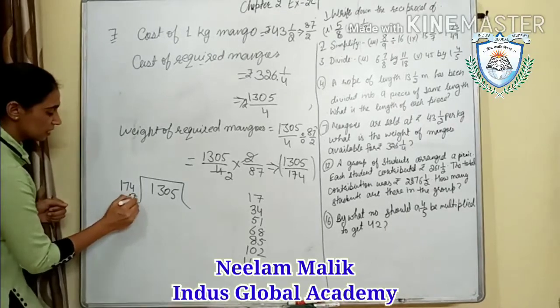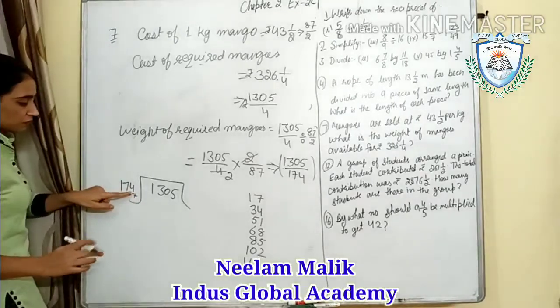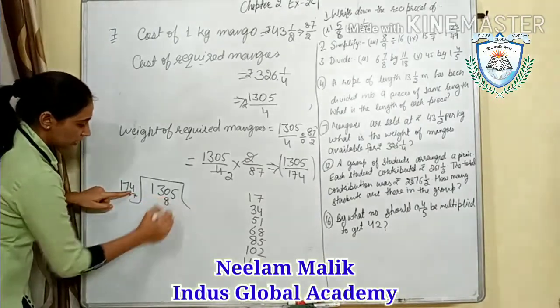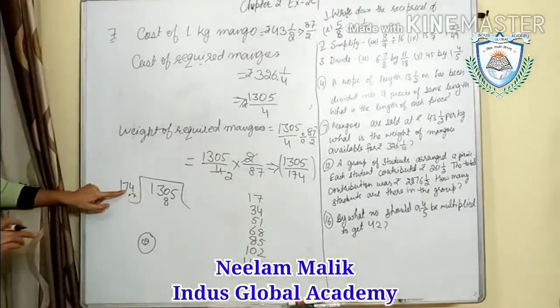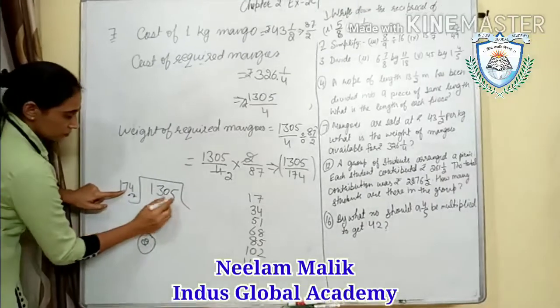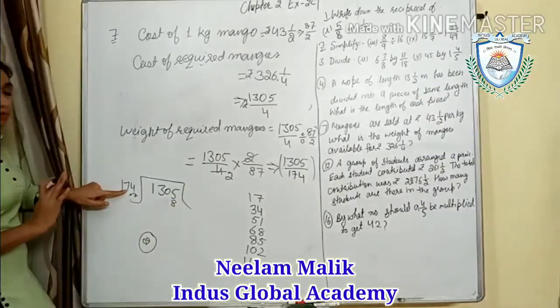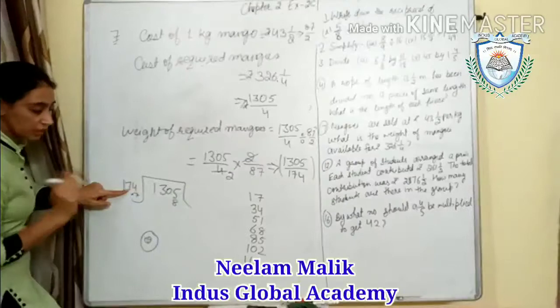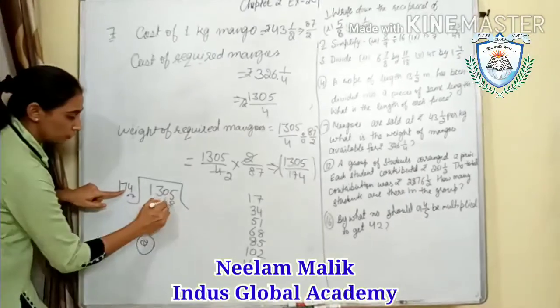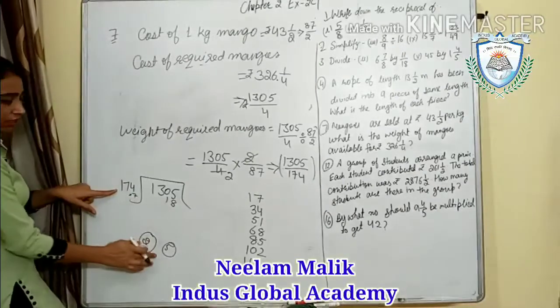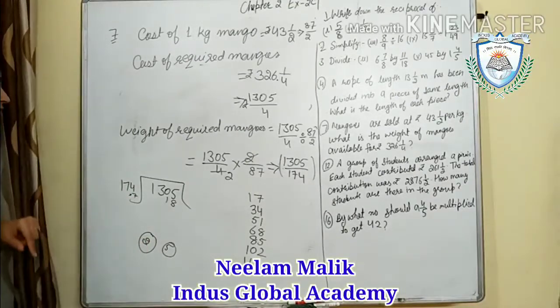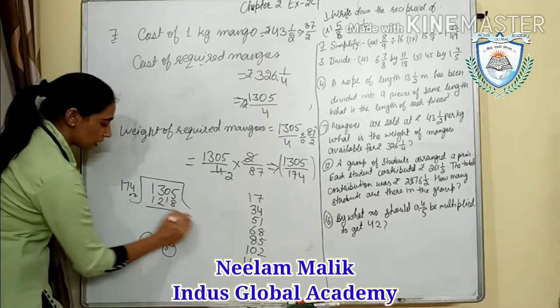Multiply this by 7. 7 4s are 28. 2 will be here. 7 7s, what will be 7 7s? 49. 49 and 2 is 51. 5. Now 7 1s and 5, that will be 12. Okay.